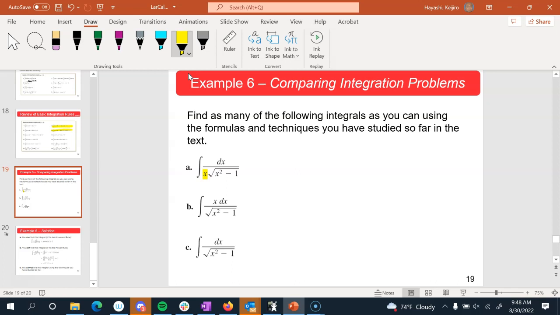This first one has an extra x on the bottom, and this second one has an extra x on the top. Now, we just learned about this, so you might recognize this first one. An extra x on the bottom, on the outside of a square root, with an x squared minus 1 under the square root, that is an arcsecant.